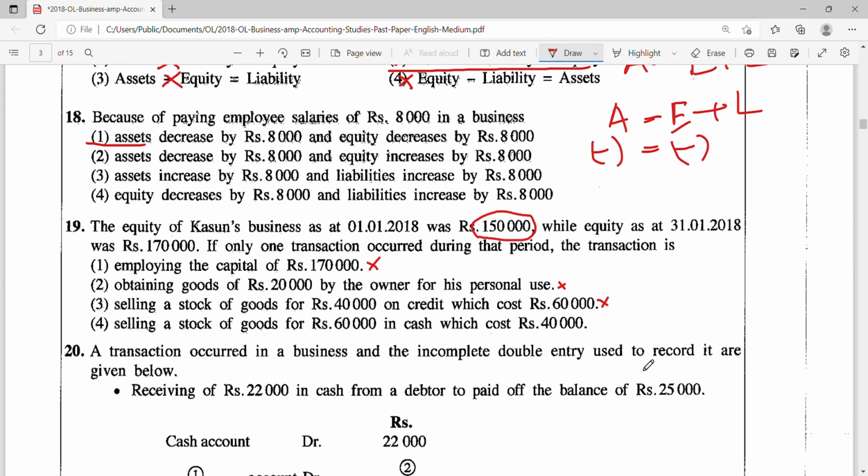Okay. Now, in the final answer, you can see your cost was 40 but you sold for 60,000, which means just on that transaction you made 20,000 of a profit. Now that profit will improve equity. So for question 19, the answer is answer 4.